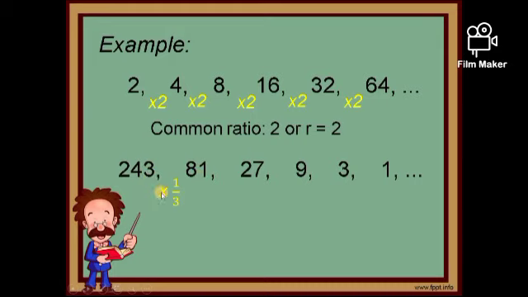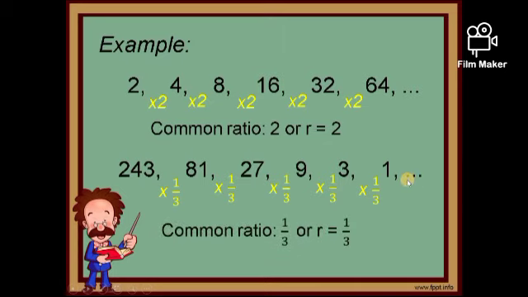So 243 times 1/3 will give us 81. 81 times 1/3 is equal to 27. 27 times 1/3, or 27 divided by 3, will give us 9. 9 times 1/3, or 9 divided by 3, will give us 3. And 3 times 1/3 will give us 1. Therefore, we can say that the common ratio of this sequence is 1/3.